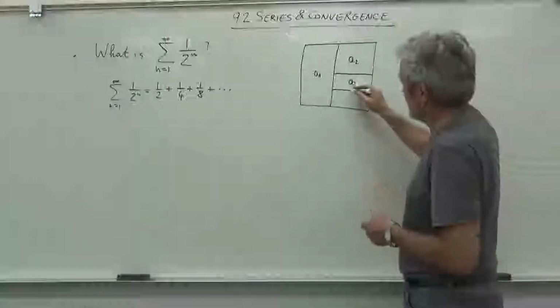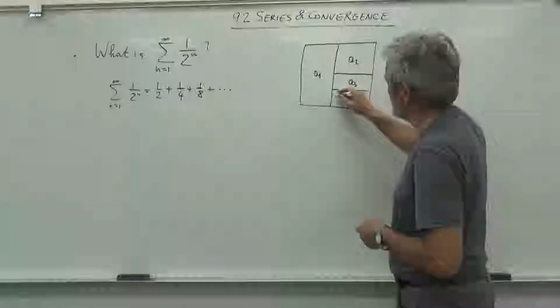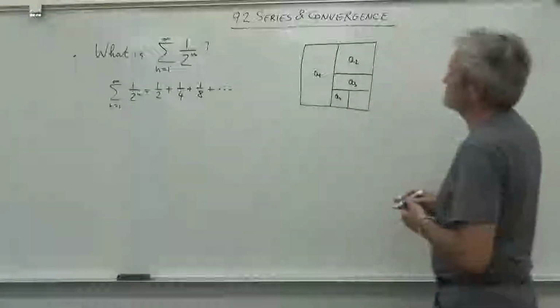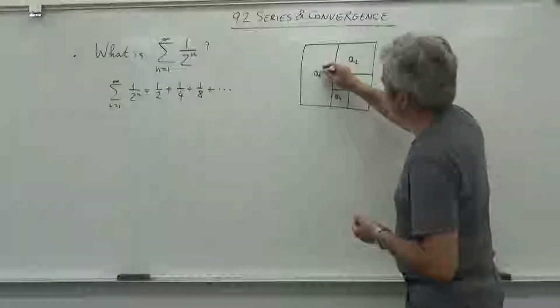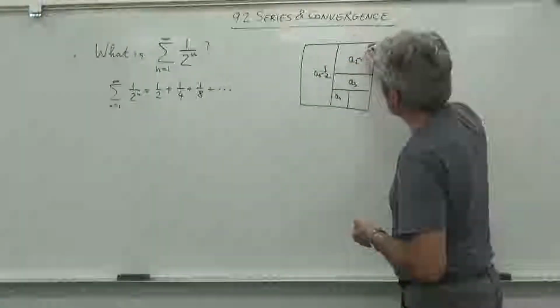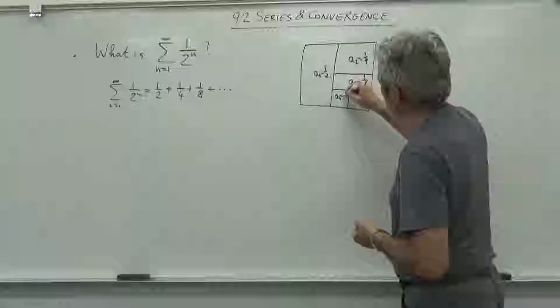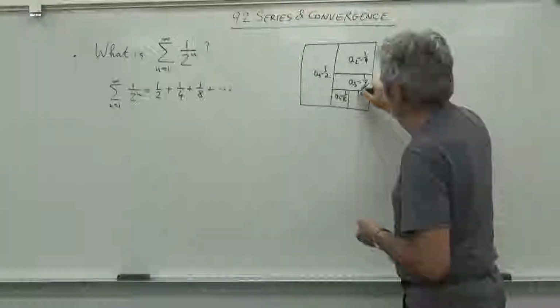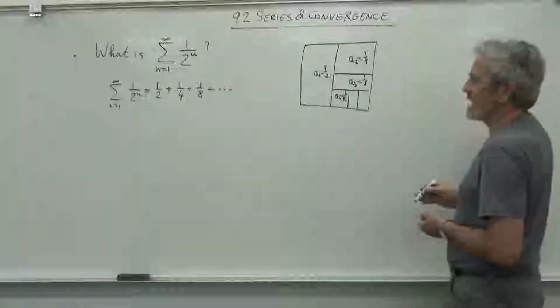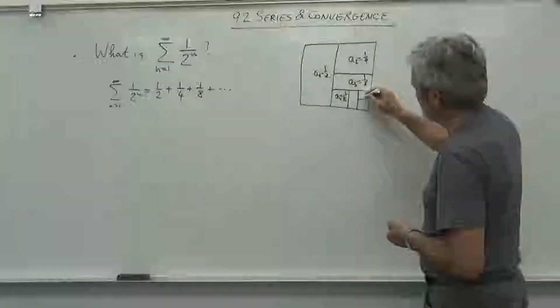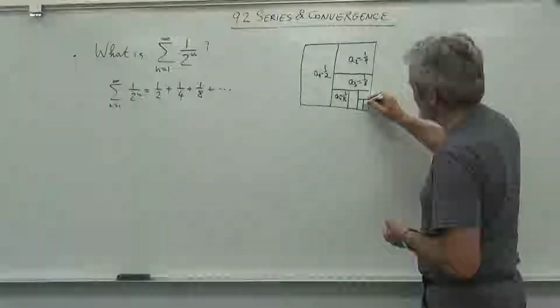Here's our next one that I didn't even write. Here's A4, which is 1 over 16. So this is A1 equals 1/2. A2 is 1/4. This is 1/8. This is 1/16. The next one will be 1 over 32, half of whatever's left. And 1/64, and so on and so on.